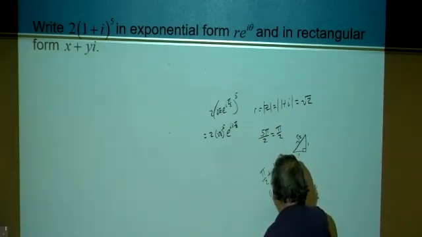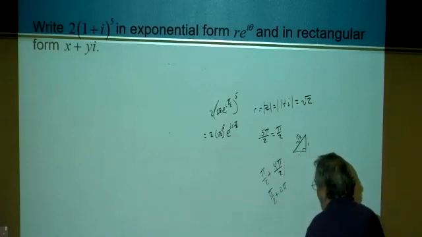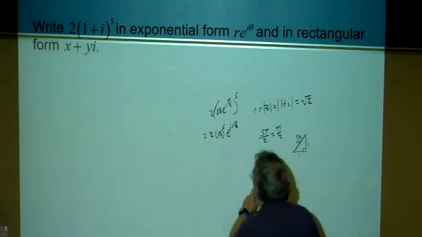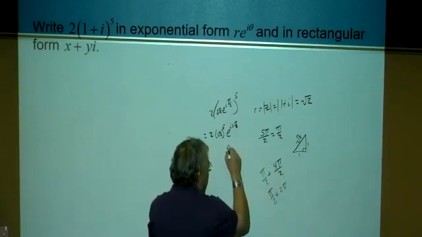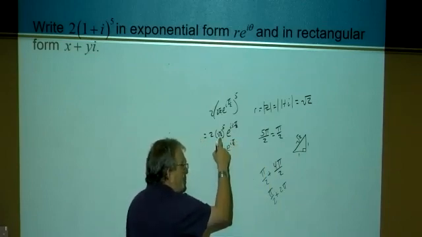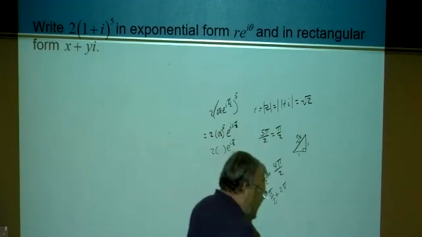So we're adding pi over 2 plus 2 pi, where k is 1. And so we're just dealing with the angle pi over 2. So I already simplified this part to e to the i pi over 2. And now we need to evaluate the square root of 2 raised to the 5th power.